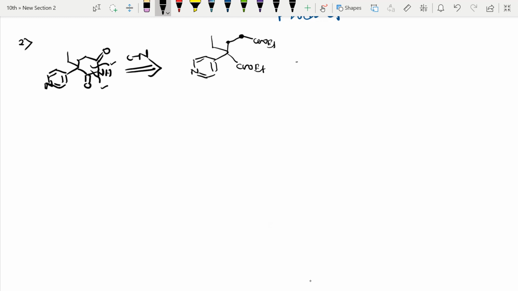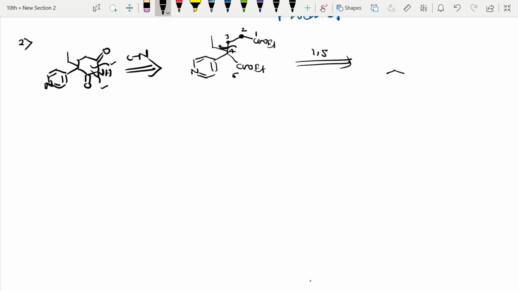Further, see the relation here: if I number 1, 2, 3, 4, 5, it is a 1,5 difunctional group, dicarbonyl groups are there, so a 1,5 relation is there. So I will dissociate 1,5. I have told you, at 3 you have to dissociate the 3 and 4 bond, because we can do a Michael addition type reaction. I'll get these two products here.